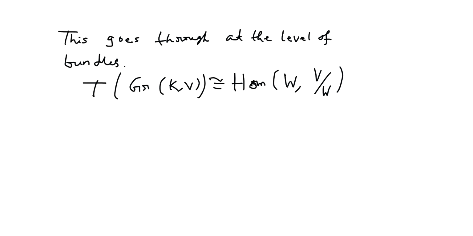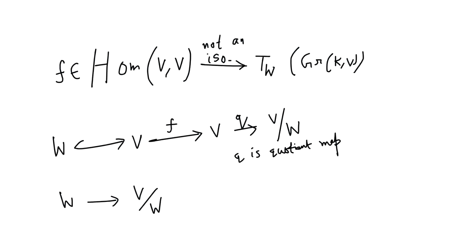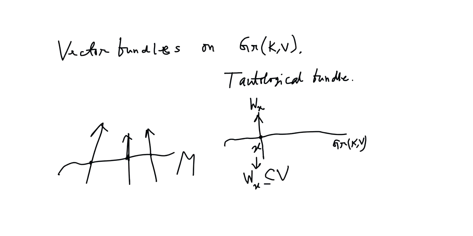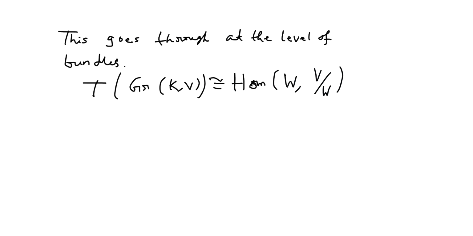So here by W I mean the whole tautological bundle W. But previously I was writing W to denote a particular point. And your tautological bundle is precisely, at each point x, you attach the vector space W corresponding to that point.